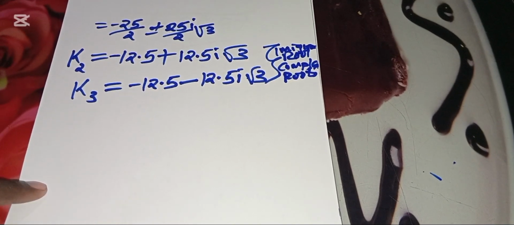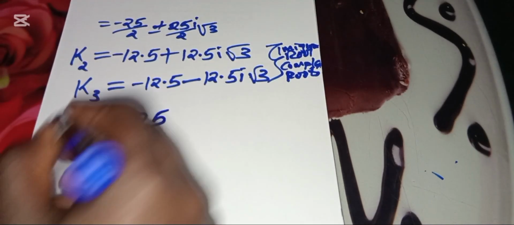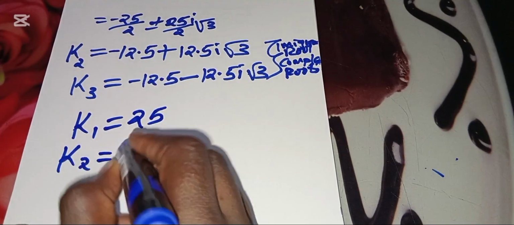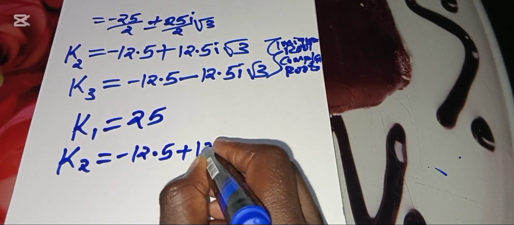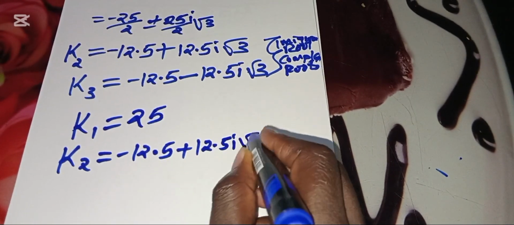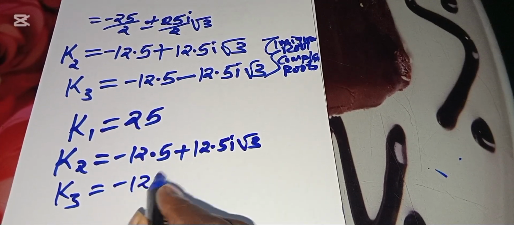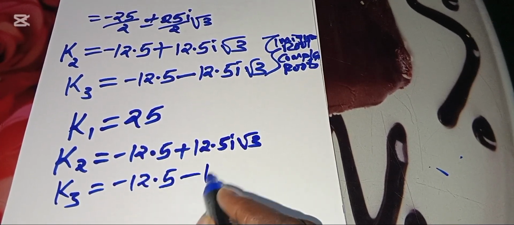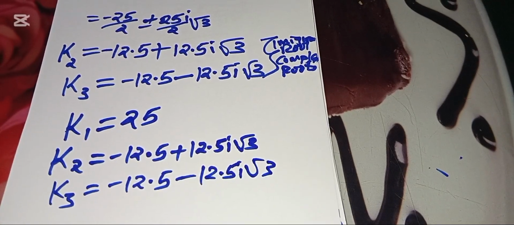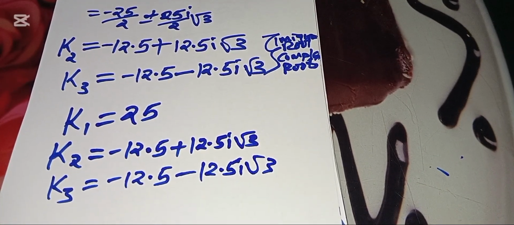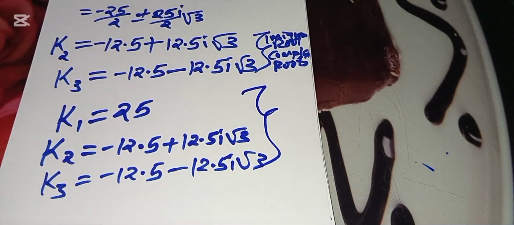Okay, k1 is equal to 25, k2 is equal to negative 12.5 plus 12.5i square root of 3, and k3 is equal to negative 12.5 minus 12.5i square root of 3. Yes, and that's the solution. We have 3 solutions to our particular math problem.